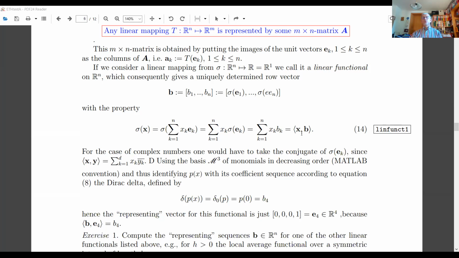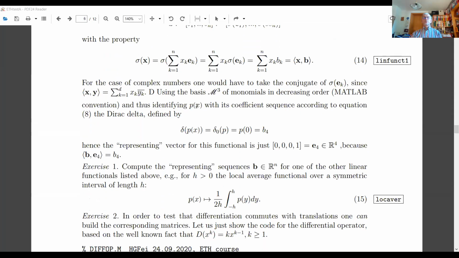If you would do a representation of a scalar product in MATLAB, MATLAB doesn't have a scalar product command, you would take the vector b and turn it into a row vector. Actually in a complex situation you would take b prime, so it's conjugate. Then you have b1 conjugate, b2 conjugate, bn conjugate, scalar product with the column vector x1 to xn, and that's exactly what you have to do here. So you see also here.